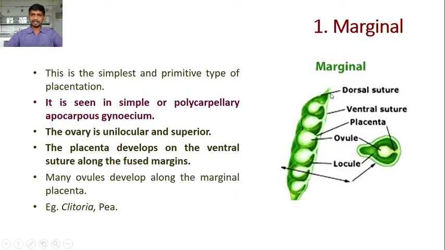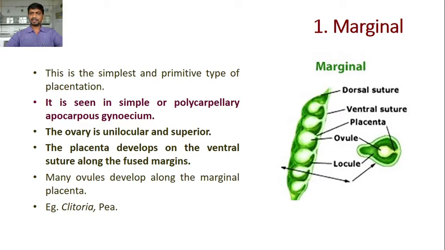So here we can see this is the legume type of fruit where the ventral suture has been formed, on which the placenta has developed. So this portion we call placenta. It is a fertile tissue. So this placenta is developed on the ventral suture along the fused margins, and many ovules develop along the marginal placenta.